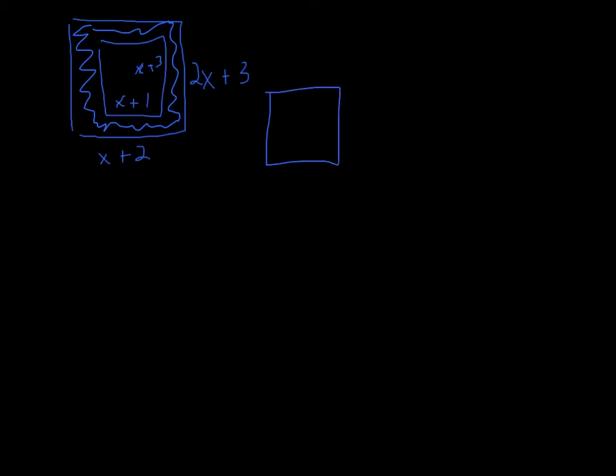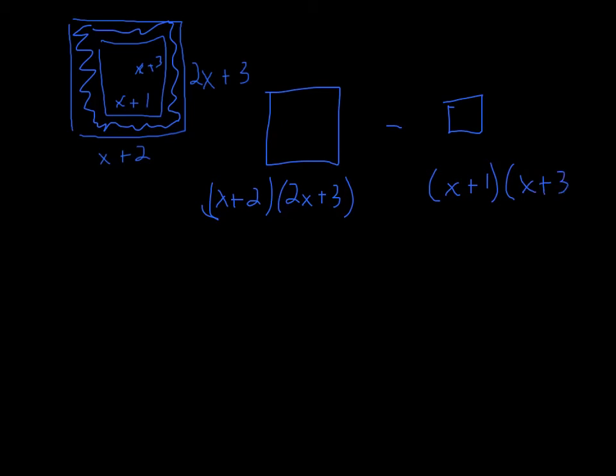So we have x plus 2 times 2x plus 3. Once we do that, we're going to subtract the guy in the middle, which is x plus 1 and x plus 3.